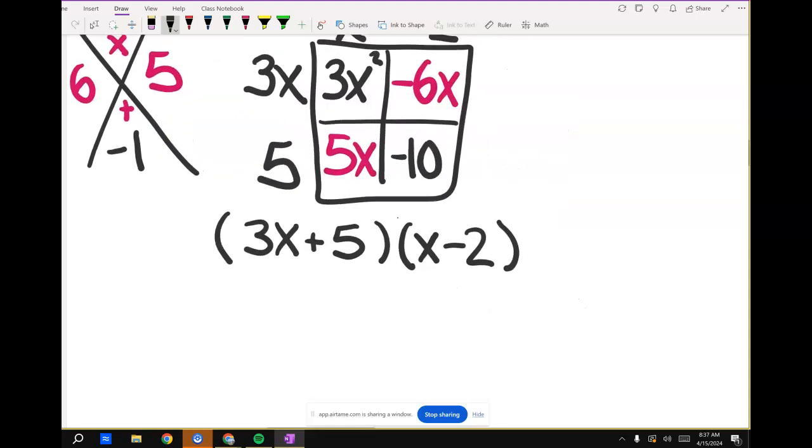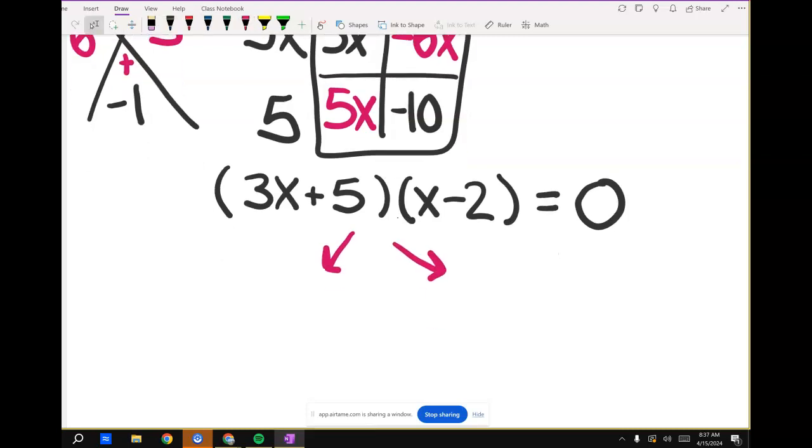I remember my instructions. It says to solve and it's equal to 0. So I'm going to do the same thing, set it equal to 0. And again, it's not a new skill because we've done this a lot. We're using our zero product property to say 3x plus 5 is equal to 0.